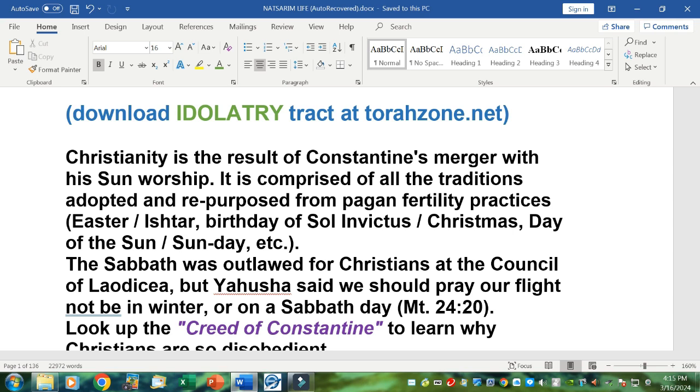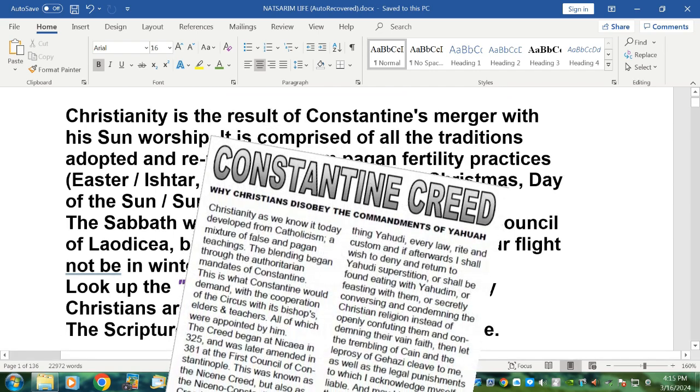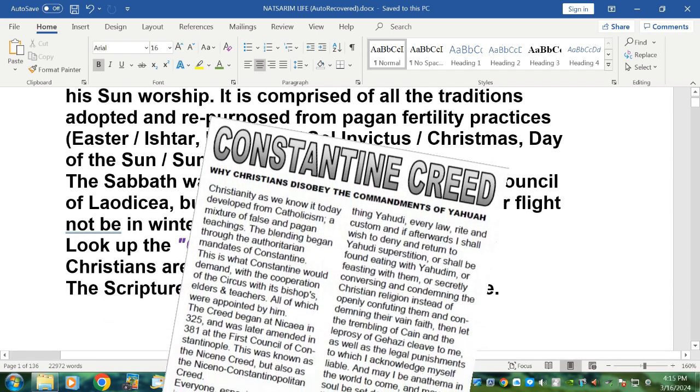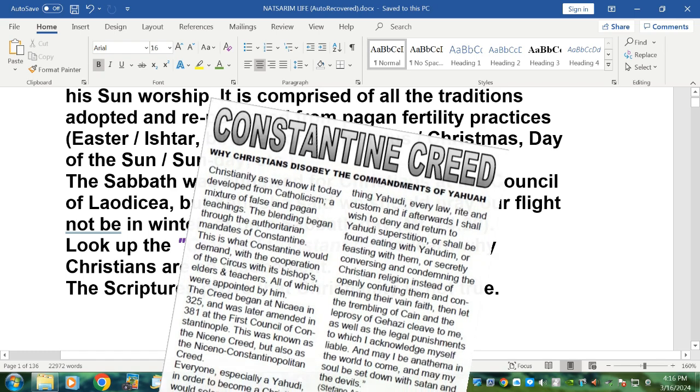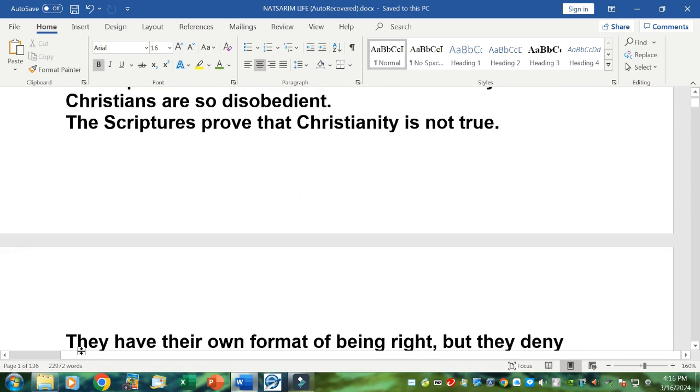Paul was accused of being a ringleader of the sect of the Natsarim, not the sect of the Christians. Look up the Creed of Constantine to learn why Christians are so disobedient.